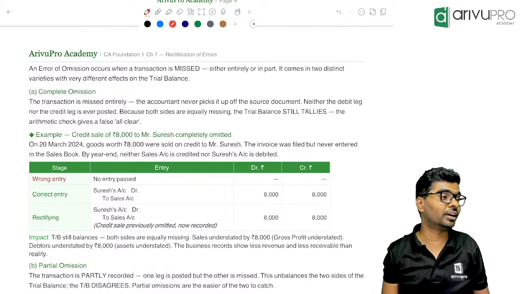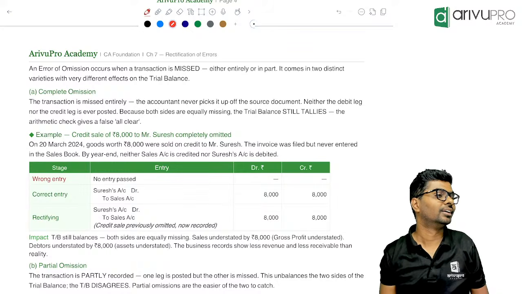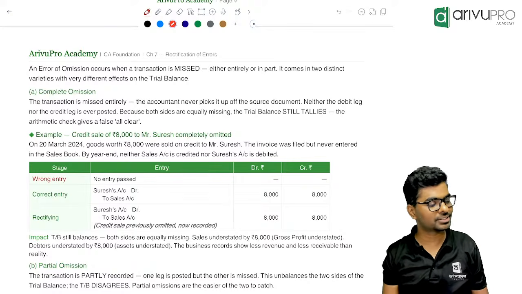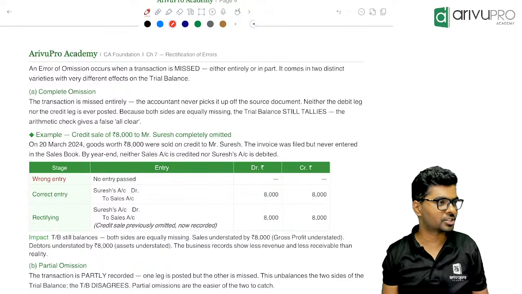So why are we learning? I don't know. Will it ever happen in real life? No. Why are we learning? Because they'll ask in the exam. Sir, after exam, can I forget? You forget. Only know about the correct entry, wrong entry mechanism. That is more than enough. These things are only for examination.